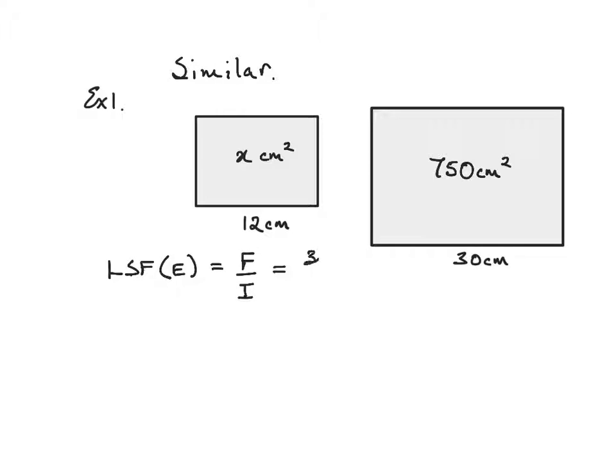So 30 over 12. 30 over 12 is, divide top and bottom by what? 6. So that gives us 5 over 2.